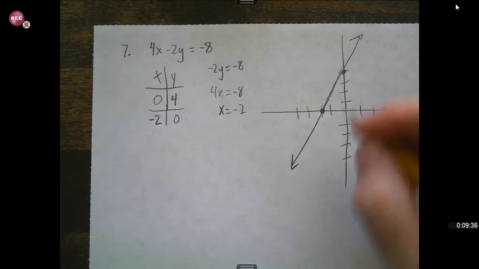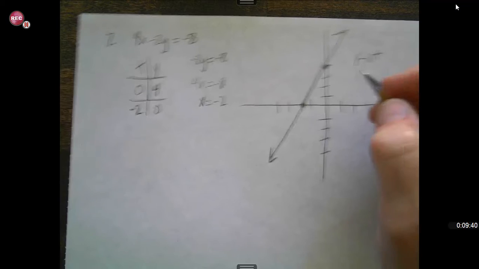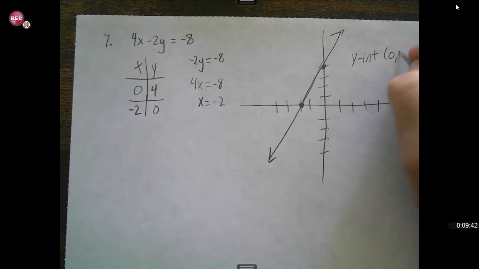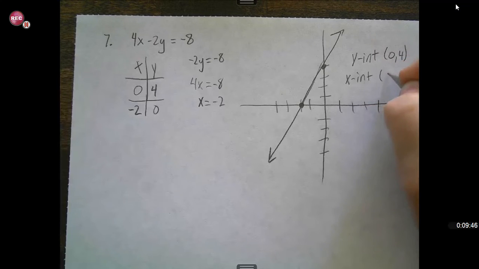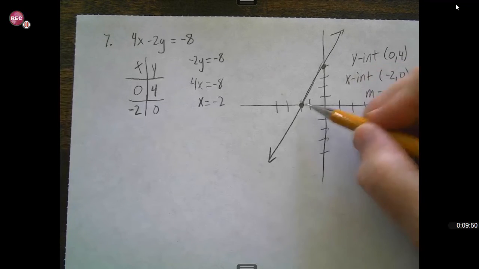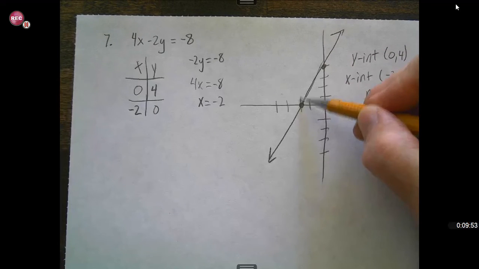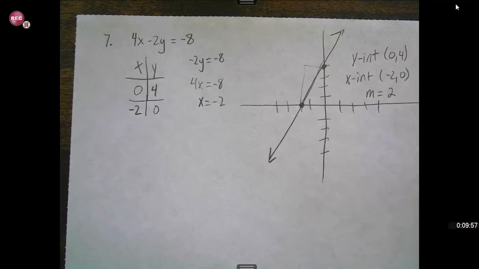And if they ask me for the y-intercept, it's (0, 4). If they ask me for the x-intercept, it's (-2, 0). And if they ask me for the slope, it's rise 4, run 2. Slope is positive 2.